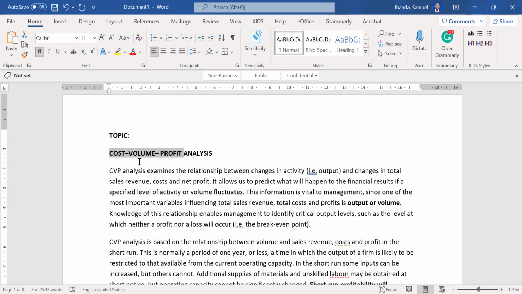So cost basically relates to what organizations incur in bringing goods into the finished goods status.